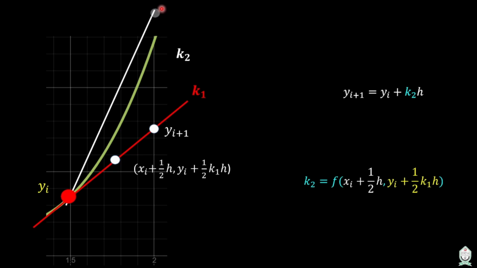This is k2h and this is actually our next iterative value. So using the midpoint method, this is how we find the next iterative point on the graph, which is a bit different from Heun's method, and in formula this is how it looks, and on graph paper this is how it pans out.